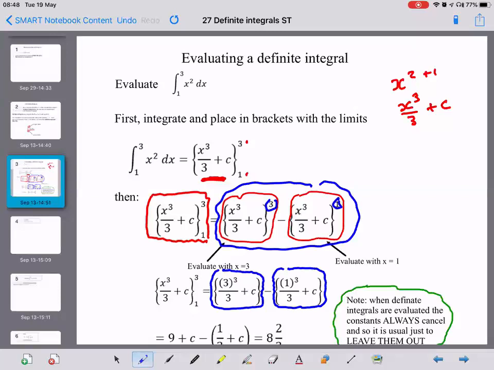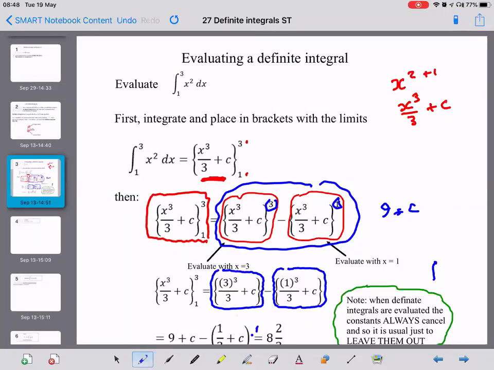So we end up with 3 cubed over 3, which is 9, plus c in the first bracket.